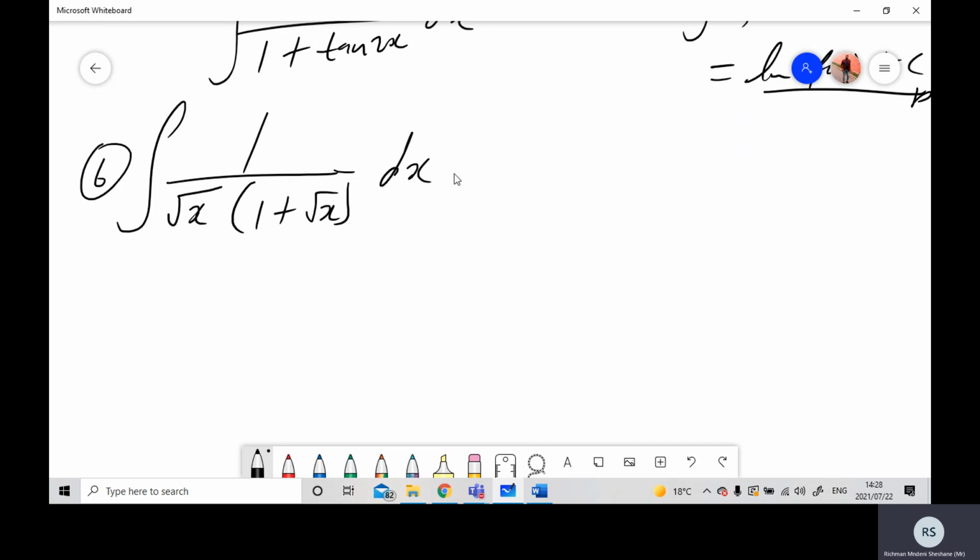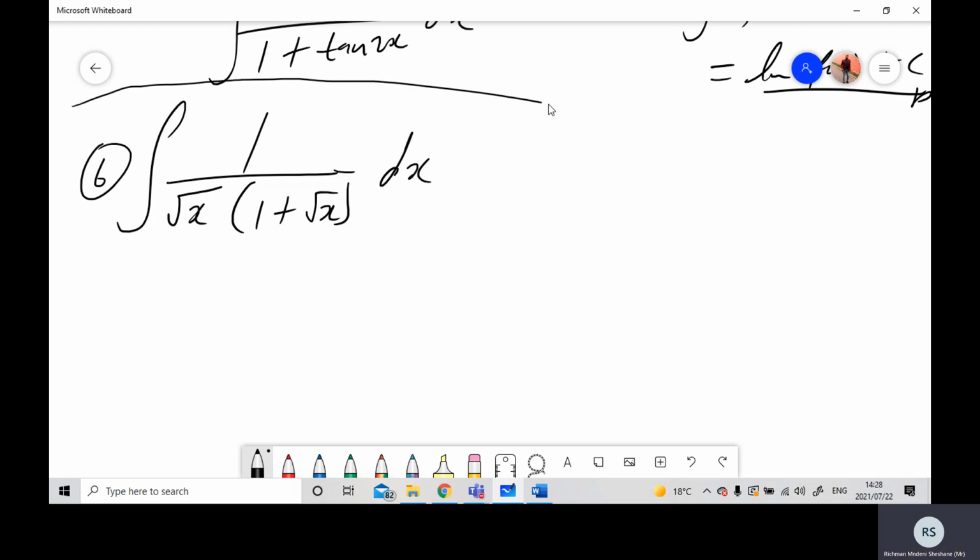Here, I want to integrate 1 over square root of x multiplied by 1 plus square root of x. Some students would multiply the square root of x here inside. But when you do things, you should always understand why you do this. As long as I have this fraction, I always check this second standard integral.